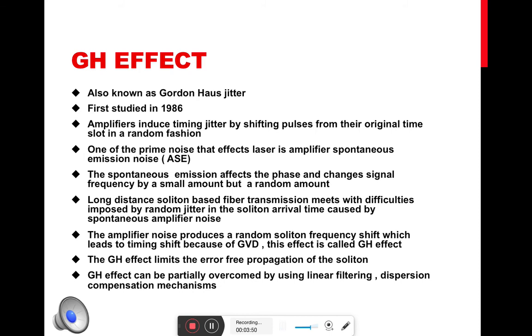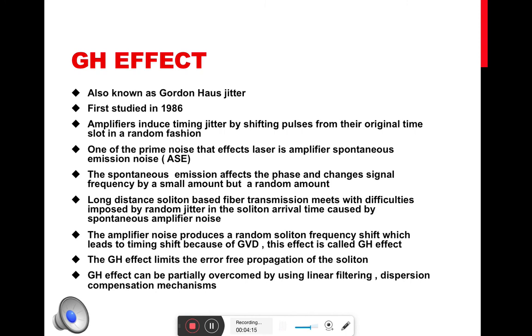The principle of working of a laser is stimulated emission, but we also know there is some spontaneous emission that happens in a laser. There is a fixed time for which each particle can stay at a particular level.